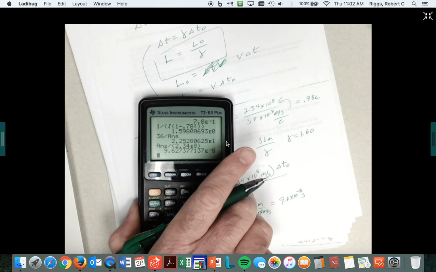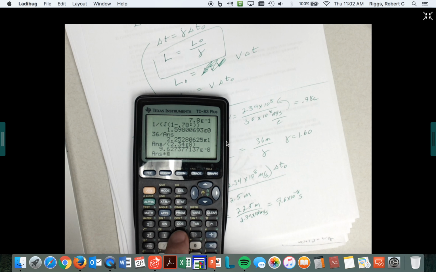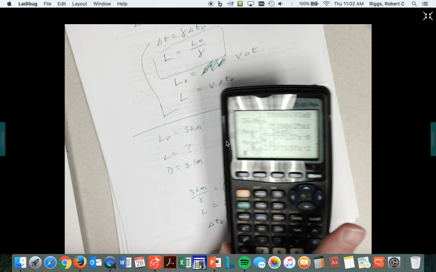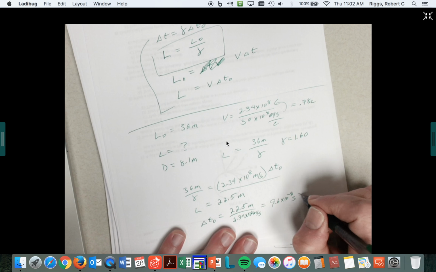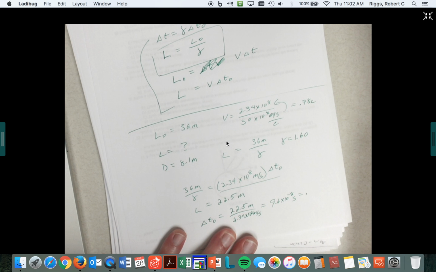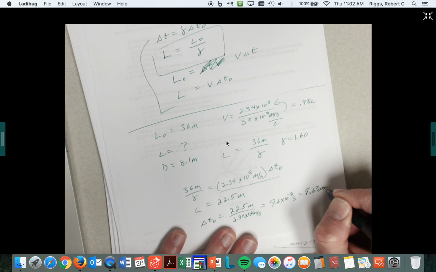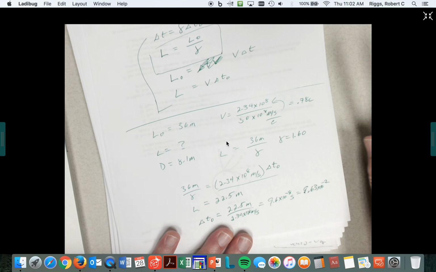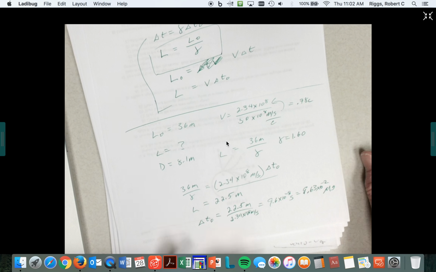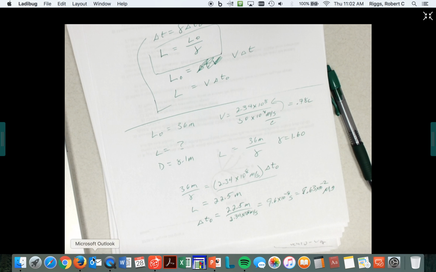Multiply that by 1 million, 10 to the 6th. Or you could divide it by, and I get 0.096 milliseconds. Or 9.63 times 10 to the negative 2 milliseconds. Microseconds. Micro. My bad.